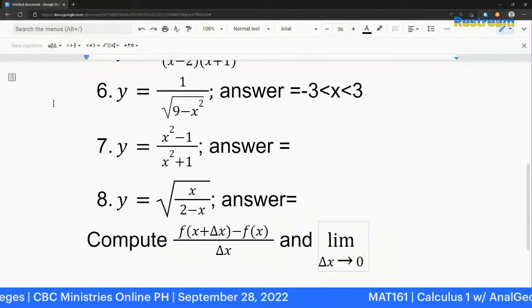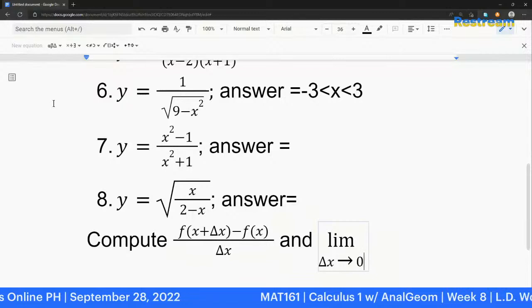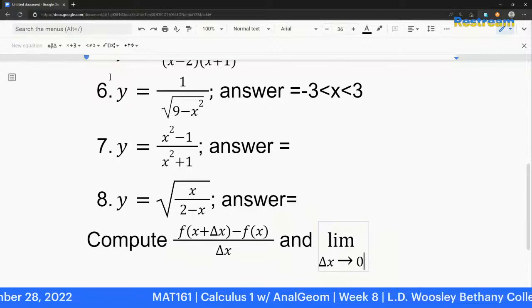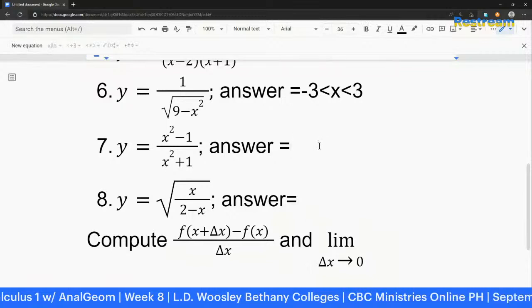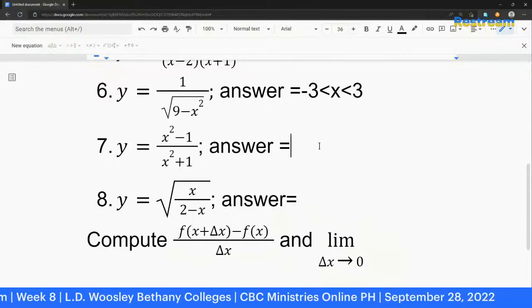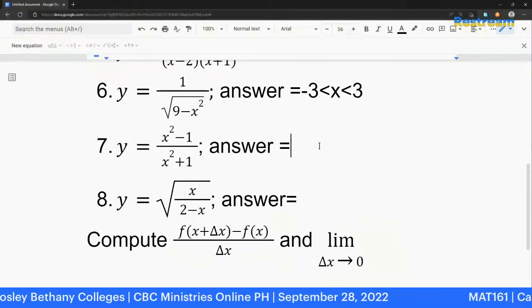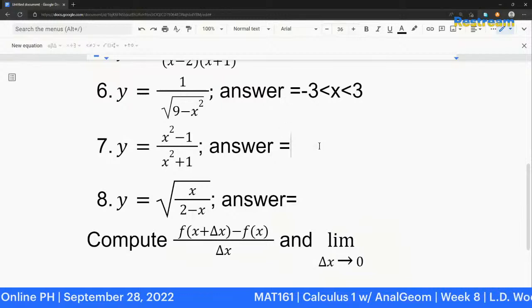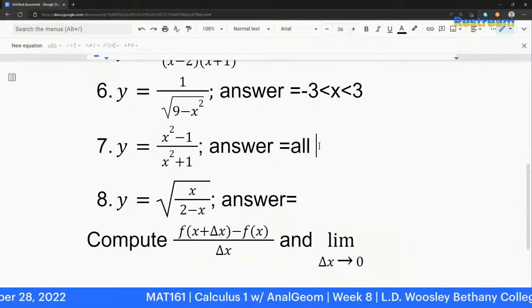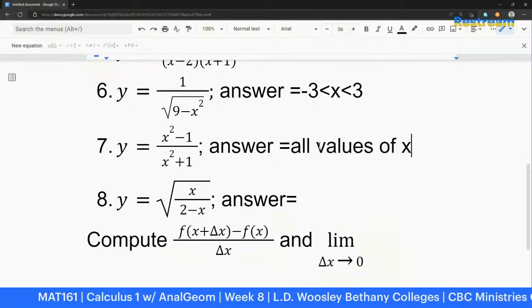Okay, real number or all values of x. Tama yun. Element of real numbers or all values of x, walang exemption dito kasi addition naman siya. Hindi ka makaka-commit ng division by 0 kasi may plus 1 ka. So all values of x.